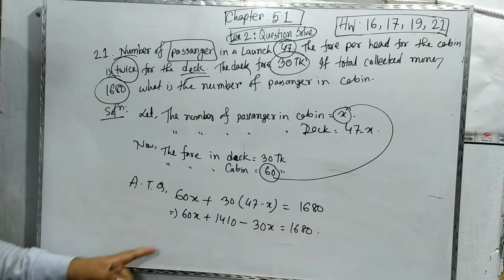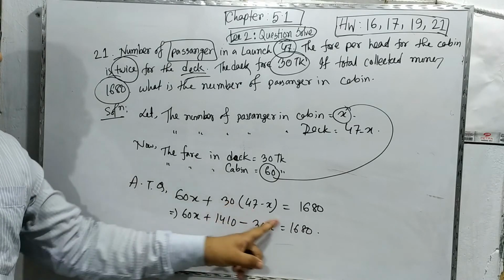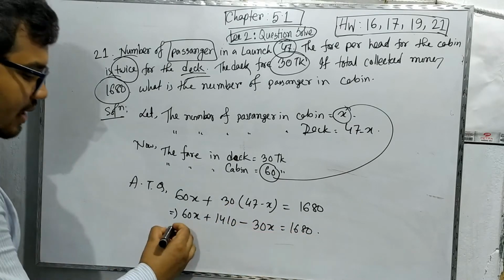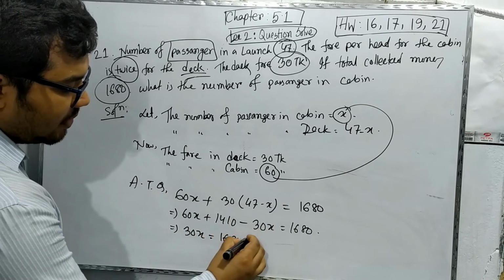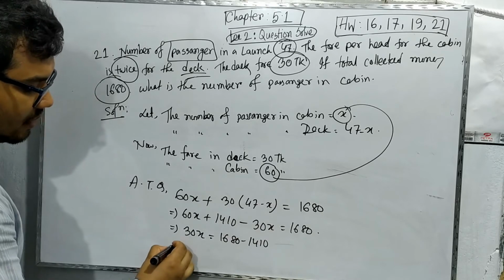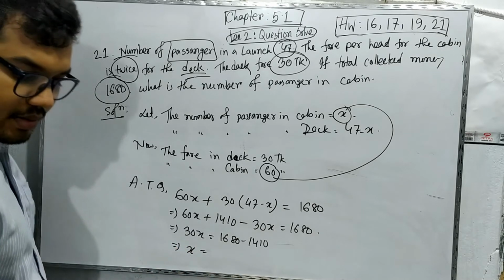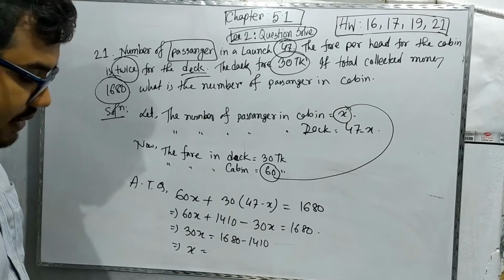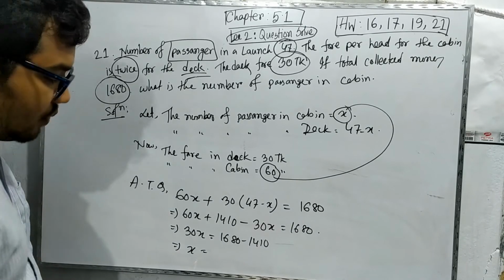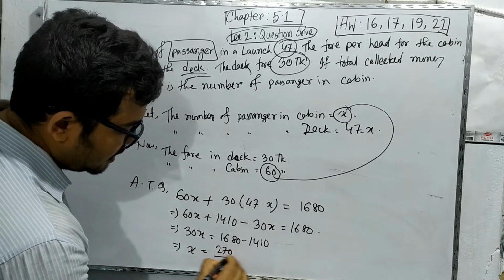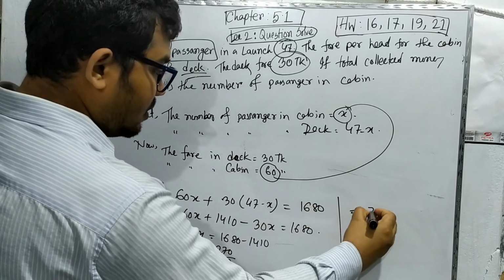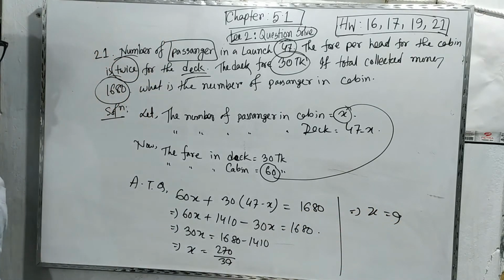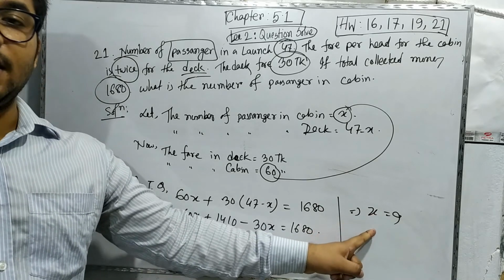So this is 60x plus, just multiplying this, now we'll get 30x equal to 1680 minus 1410, or x will be, just subtracting this from 1680, it will be 270 divided by 30, and it is exactly 9.